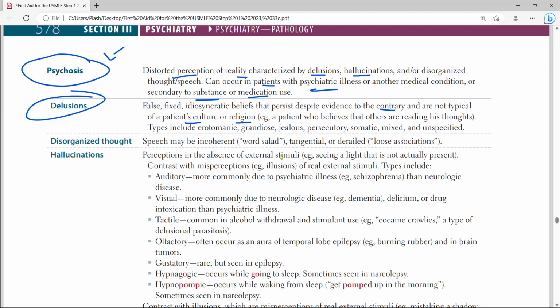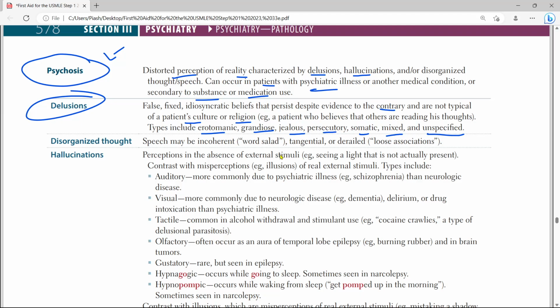A patient who believes that others are reading his thoughts. It may be erotomanic, grandiose, jealous, persecutory, somatic, mixed, or unspecified. Delusion is a false, fixed, idiosyncratic belief firmly held by the person, not amenable to reason or logic, not shared by the patient's community, culture, or religion.